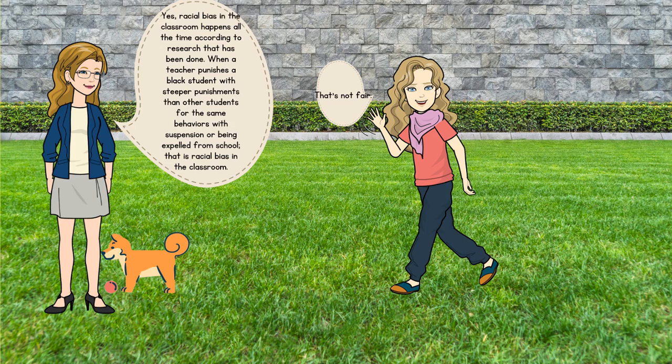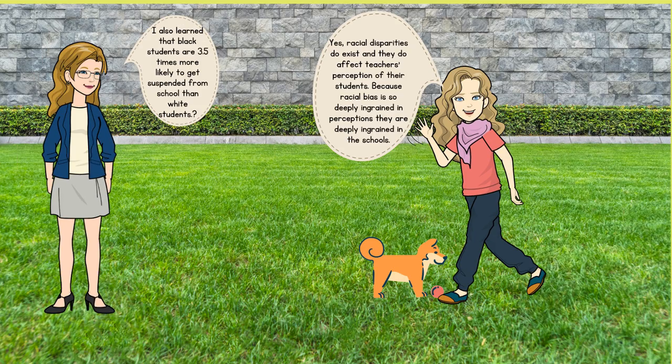Well, that doesn't sound fair. I also learned that black students are 3.5 times more likely to get suspended from school than white students. Yes, racial disparities do exist, and they do affect teachers' perception of their students. Because racial bias is so deeply ingrained in perceptions, they are deeply ingrained in the schools.